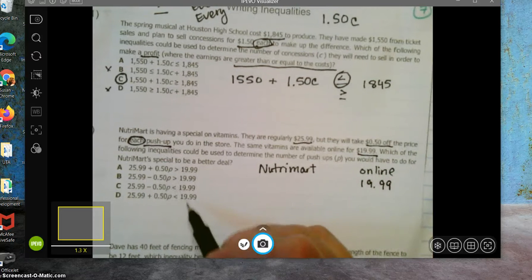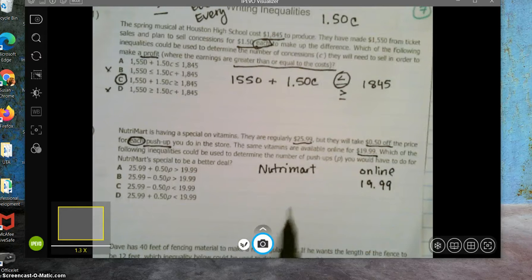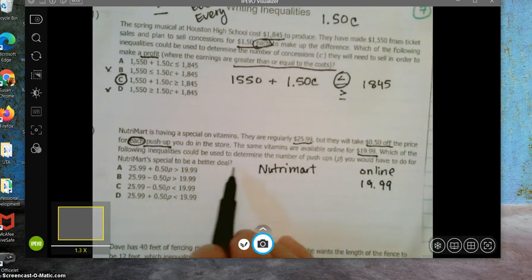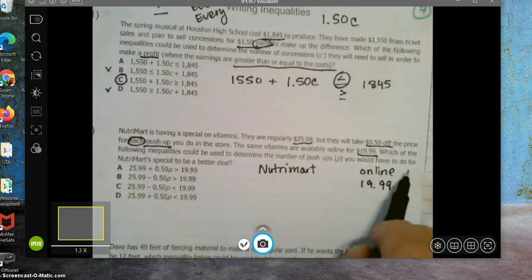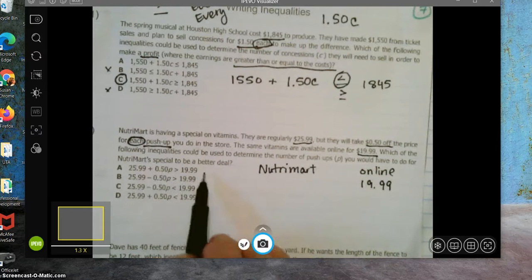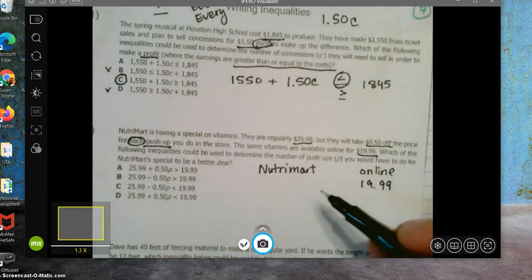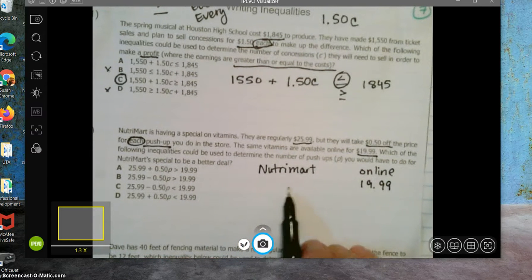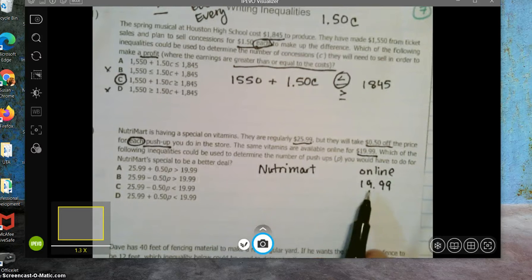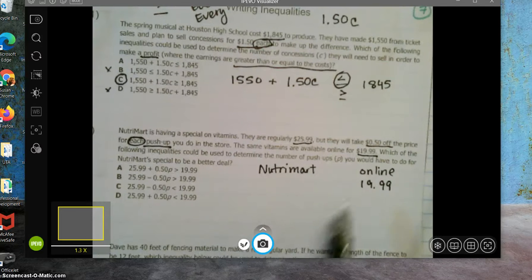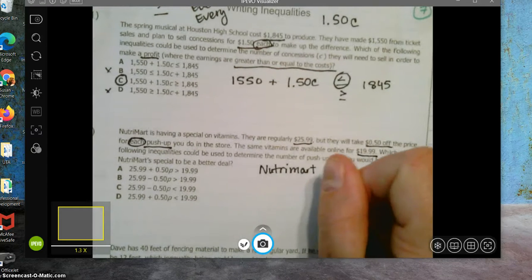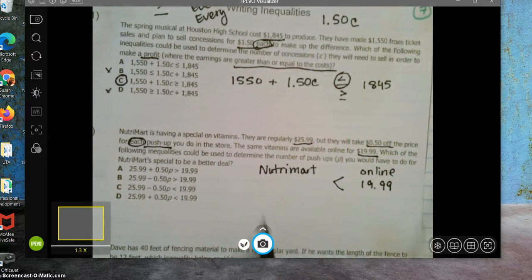Now if you look here, that's the end point of this equation, okay? So my goal here is which of the following inequalities could be used to determine the number of push-ups you would need to have Nutrimart's special rate be better. So I need this one to be less than this one. Okay, I want this one to be less than this one. So that means I'm going to face it this way. This one has to be less than this one, okay?